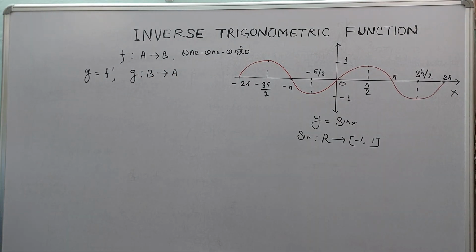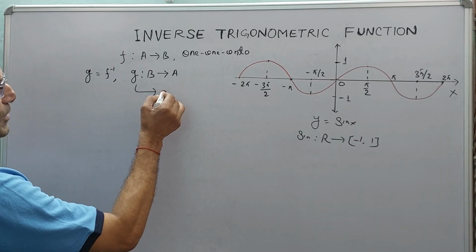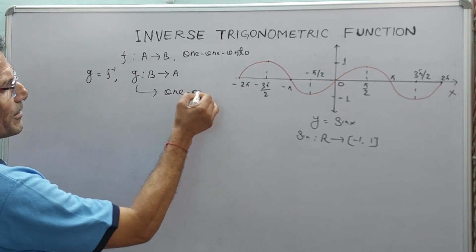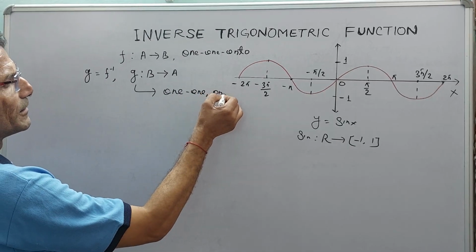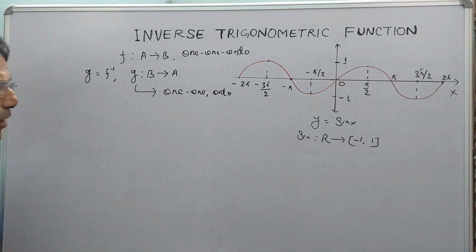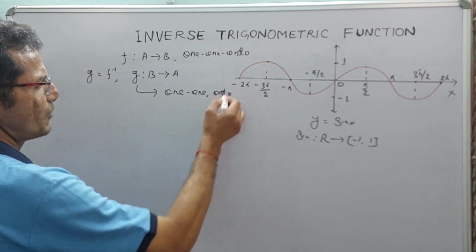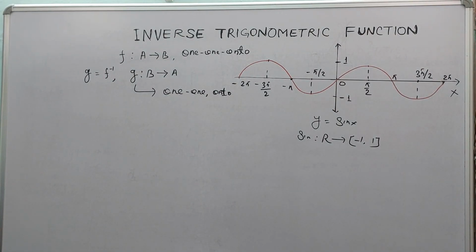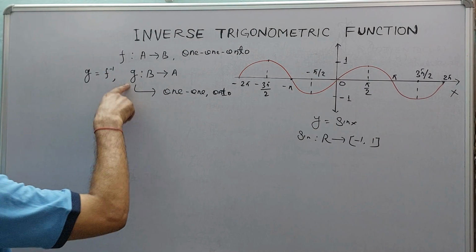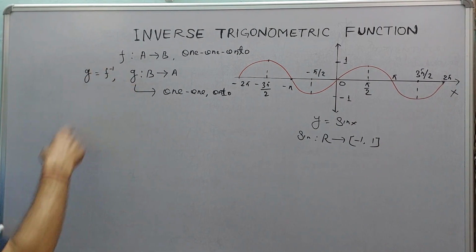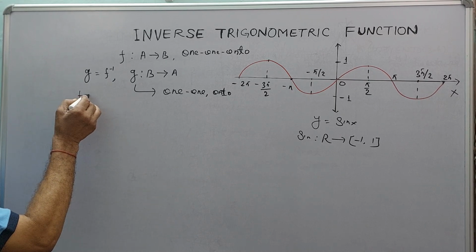Likewise, g is also a one-one onto function. If a function is one-one onto, its inverse will also be one-one onto. Here g is the inverse of f. Similarly, f will be the inverse of g, so we can say f is g inverse.